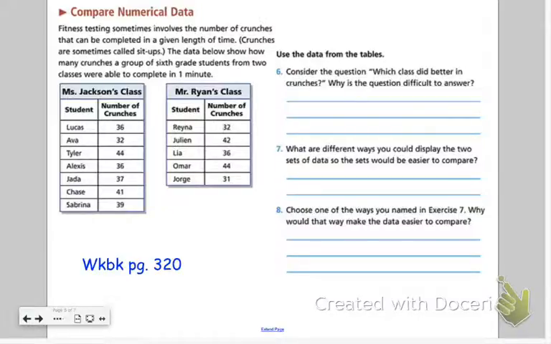So we have Miss Jackson's class on the left, Mr. Ryan's class on the right. So which class do you think did better in the crunches? And why is this question kind of difficult to answer? Well, it's difficult to answer because it looks like most of the numbers are the same. Most of the data is similar. Let's see.